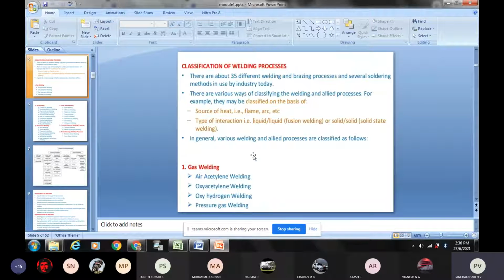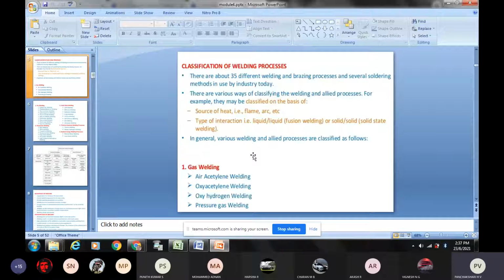First one, we can see here, is gas welding. All of you might have heard about gas welding. At least a few might have seen the process of gas welding. Normally, to join very thin metals, this method of welding is used. Just like the making of an almirah, you might have seen almirahs made using metal sheets.